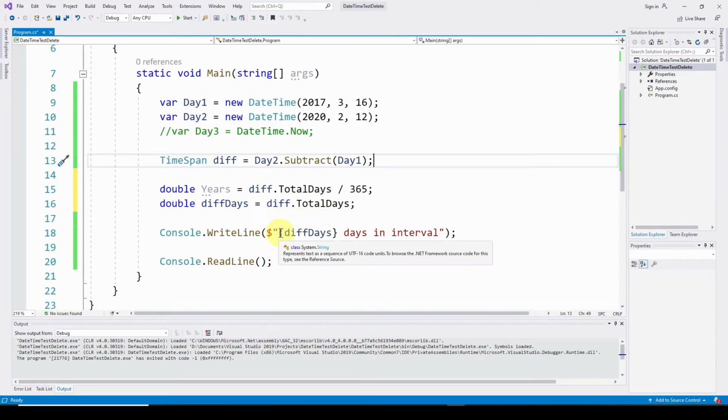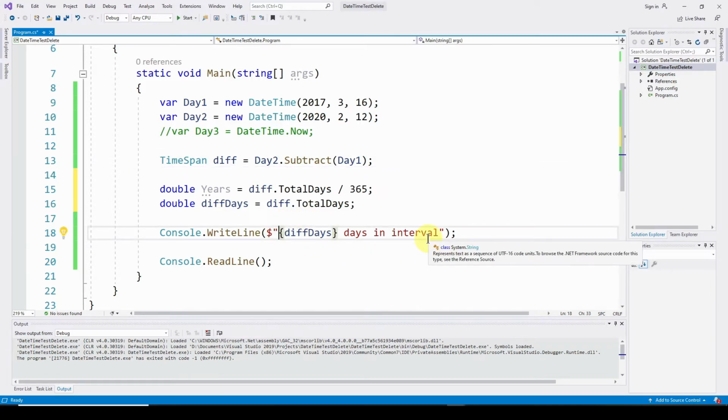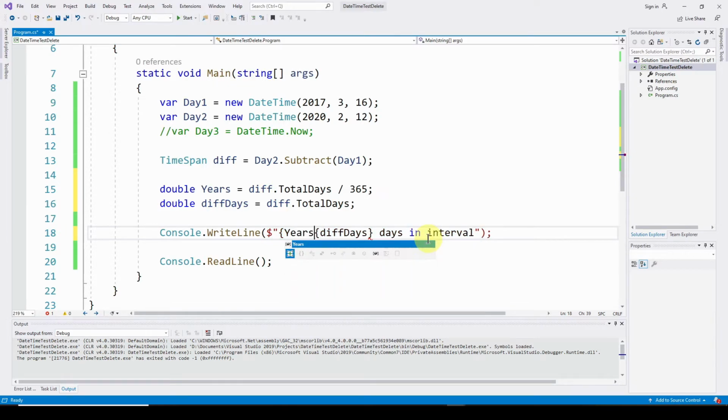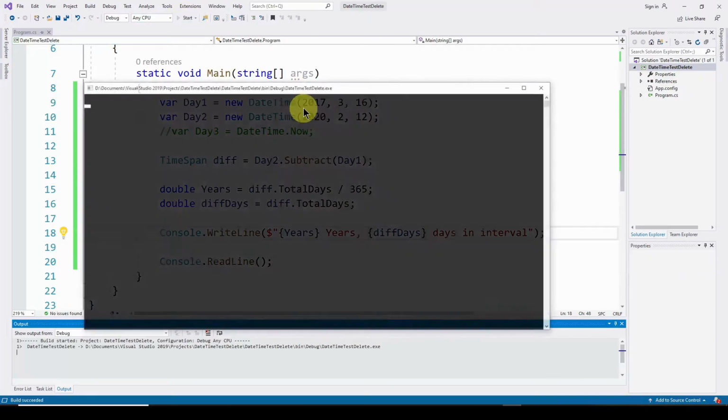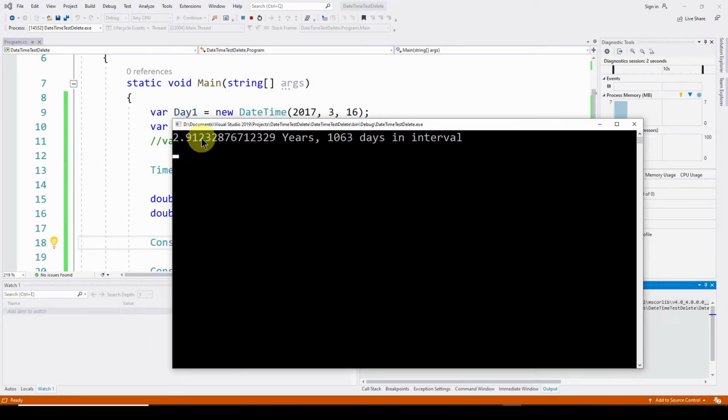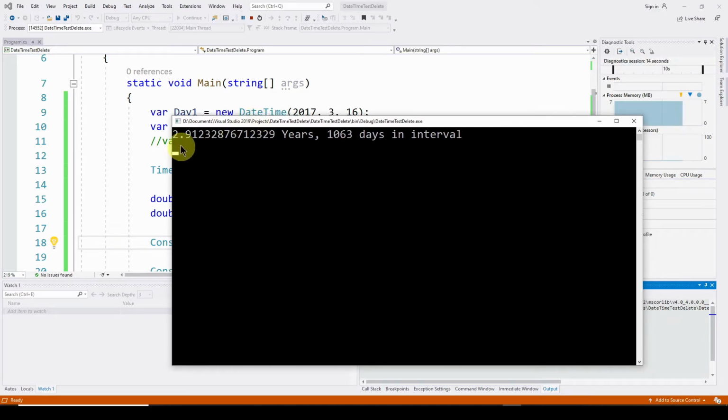Let's also print out the years, and we should get a printout of how many years between those two dates. So we'll run it, and you can see it's 2.911 years, which is 1,063 days. So it's almost 3 years. What we can do is say, okay, it's 2 years, and then figure out how many days are remaining in this 0.91 years.